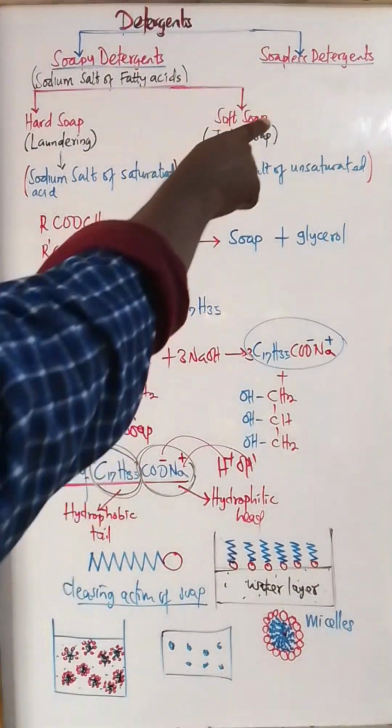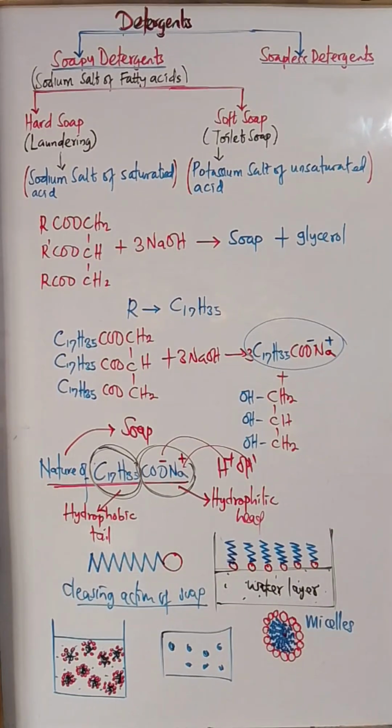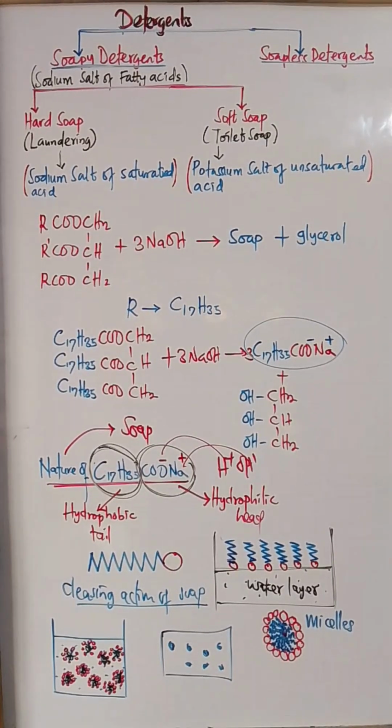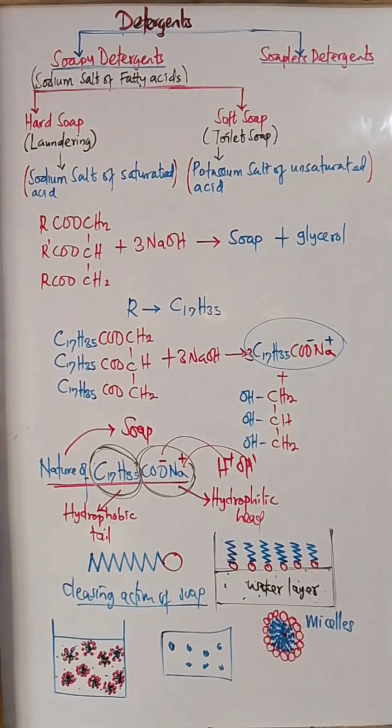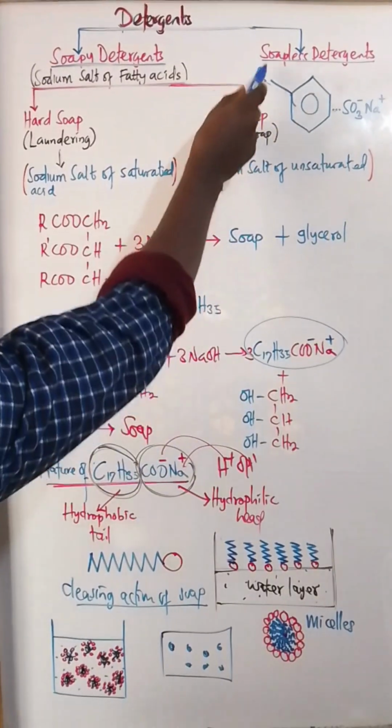So briefly on the structure of soapless detergent, they also have a hydrophobic tail and a hydrophilic head, and this tail is either a long chain hydrocarbon, about 12 to 18 carbon atoms, or the tail can be a benzene ring with a long alkyl group attached, something like this. So this is the ring structure of benzene, and we have an alkyl group attached to it which has a long chain.